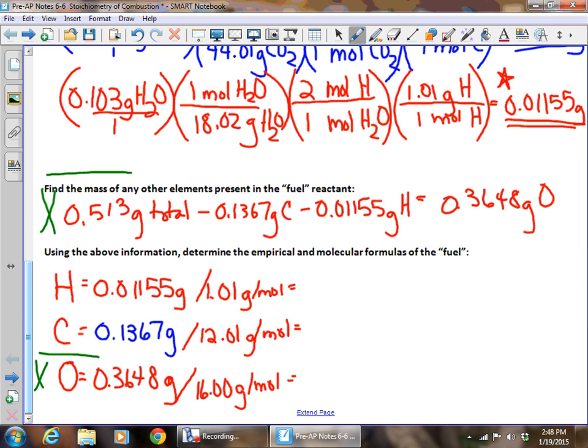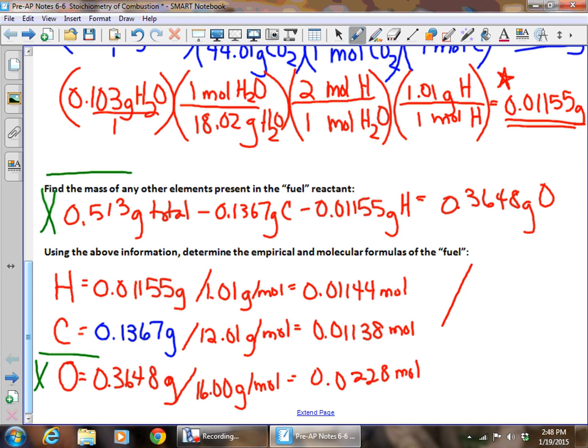When we do, we get 0.01144 moles of hydrogen, 0.01138 moles of carbon, and 0.0228 moles of our oxygen. Now remember, that is not a useful mole ratio, so we're going to divide all of these by the smallest number to get this in the lowest whole number ratio possible. And we end up with 1.0, 1.0, and 2.0.